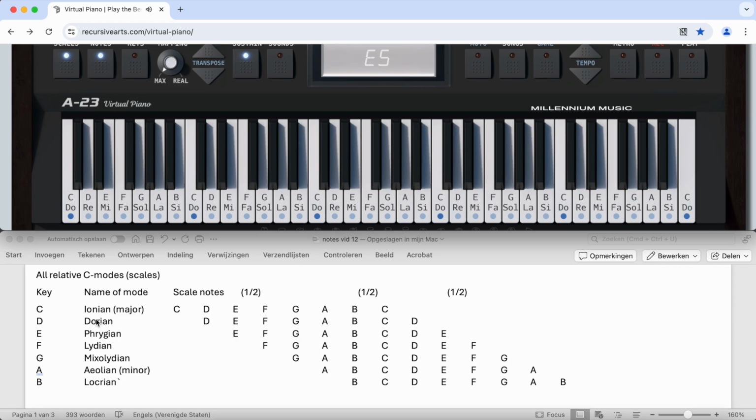As you can see, there are other modes. Modes that are not very well known anymore. For example, D Dorian. It's the key D and the name of the mode is Dorian. Let me play it for you.